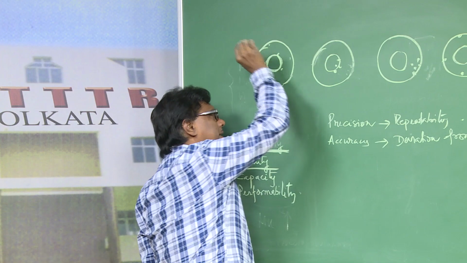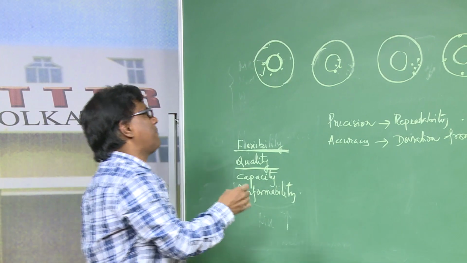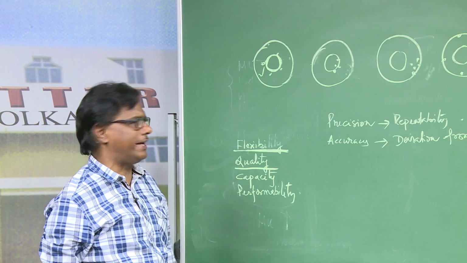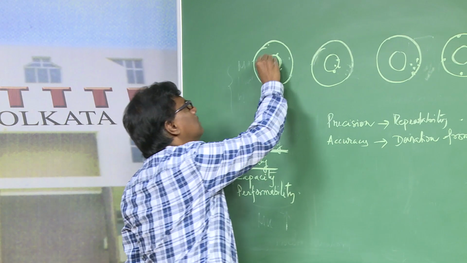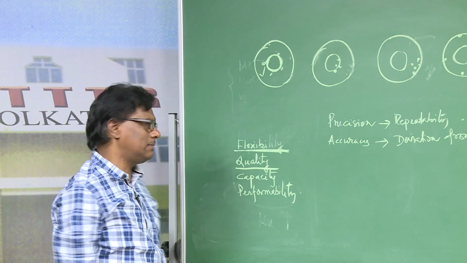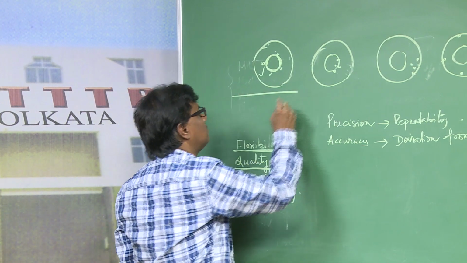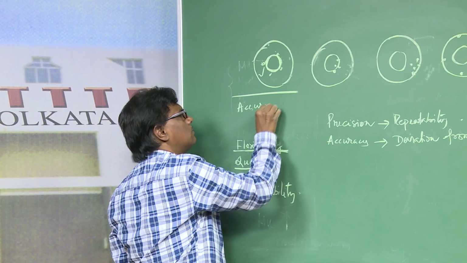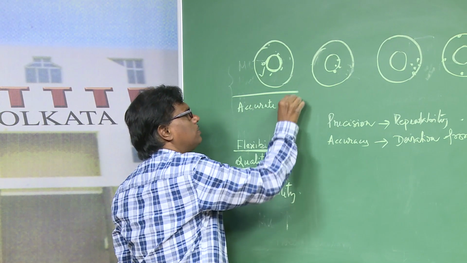This may be accurate, but at the same time, as I consider the repeatability aspects, these are very far from each other. That means this system is accurate, but not precise.